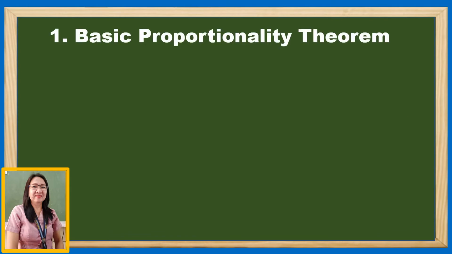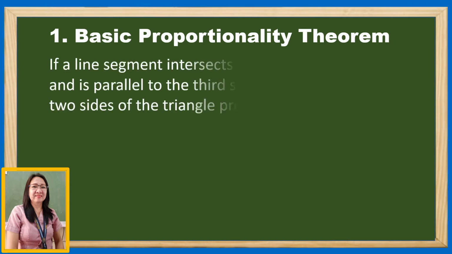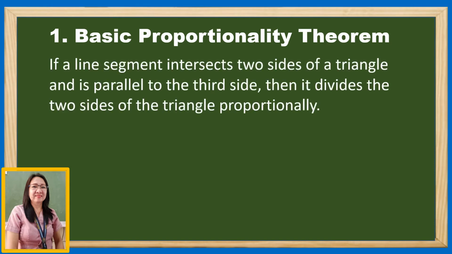So to start our discussion, let me give you the Basic Proportionality Theorem, which states that if a line segment intersects two sides of a triangle and is parallel to the third side, then it divides the two sides of the triangle proportionally. Let us look at this illustration.